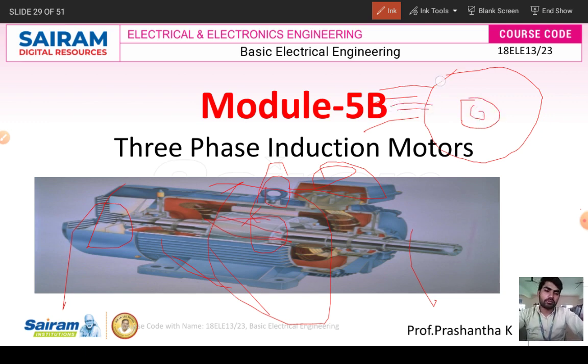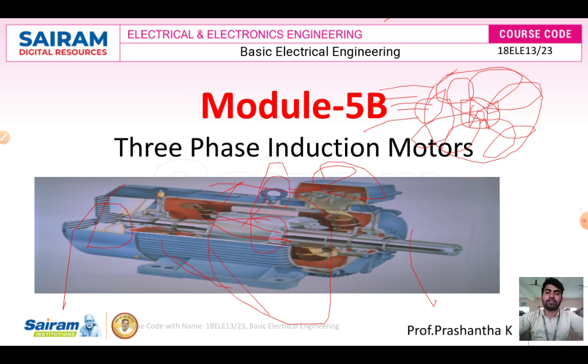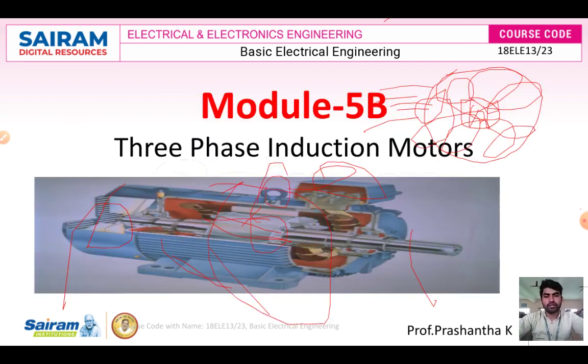If you give power supply, the magnetic field rotates like this. When the magnetic field rotates, the bar conductor present in the rotor cuts the rotating magnetic field and EMF is induced. When EMF is induced in the bar conductor, it experiences a force according to Faraday's laws of electromagnetic induction. That is the working principle of the induction motor. So with three-phase supply, rotation will be there, okay.